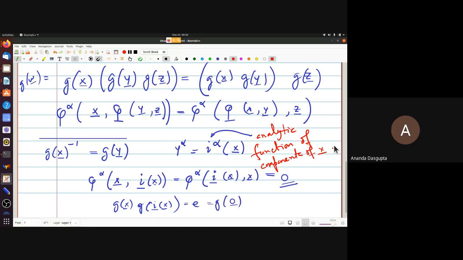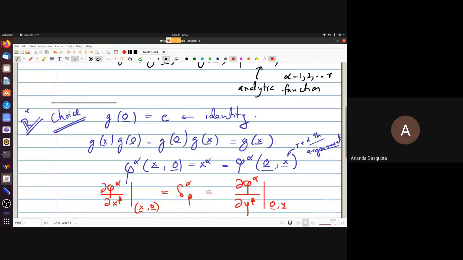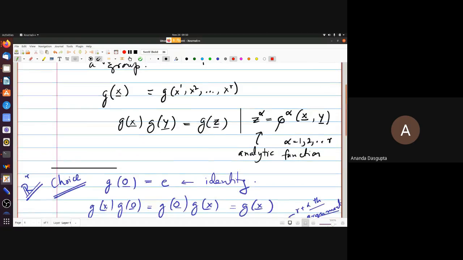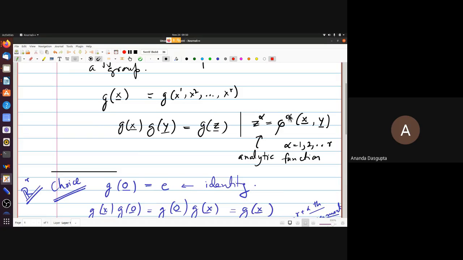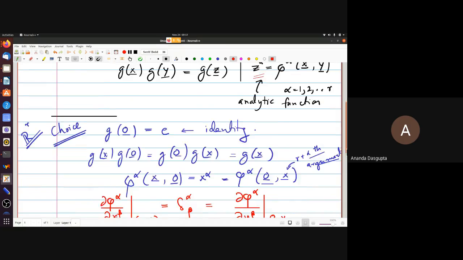A Lie group would have group elements which are parameterized by a bunch of parameters, with the restriction that when you compose the group elements, the parameters, of course, will combine together to give you a new bunch of parameters for the composed element, and the function which describes this must be an analytic function. This analytic function must have some restrictions.